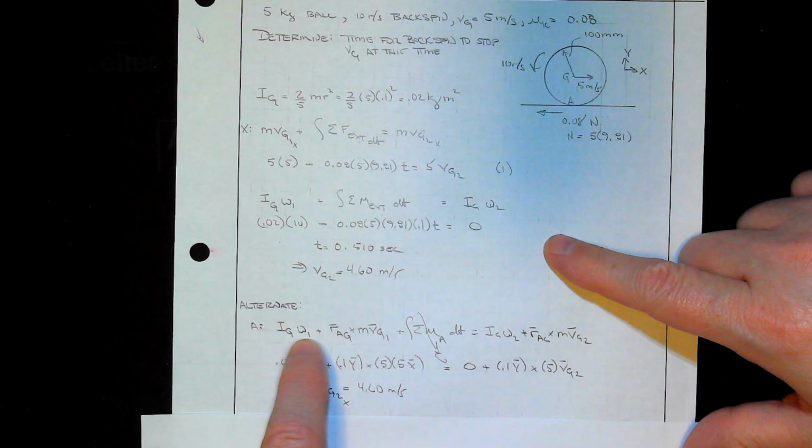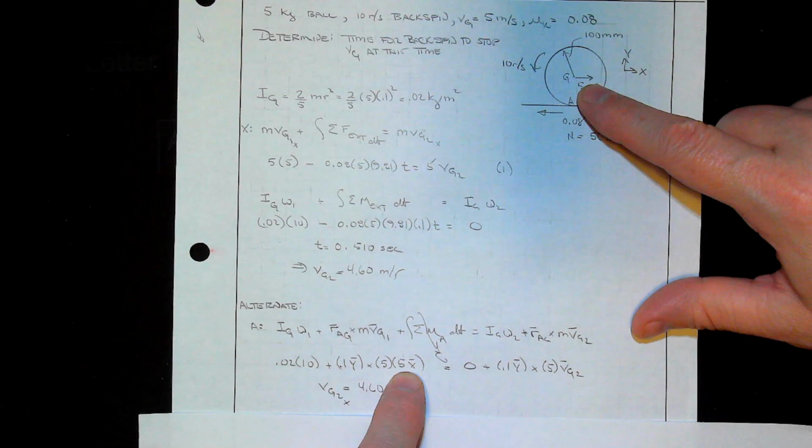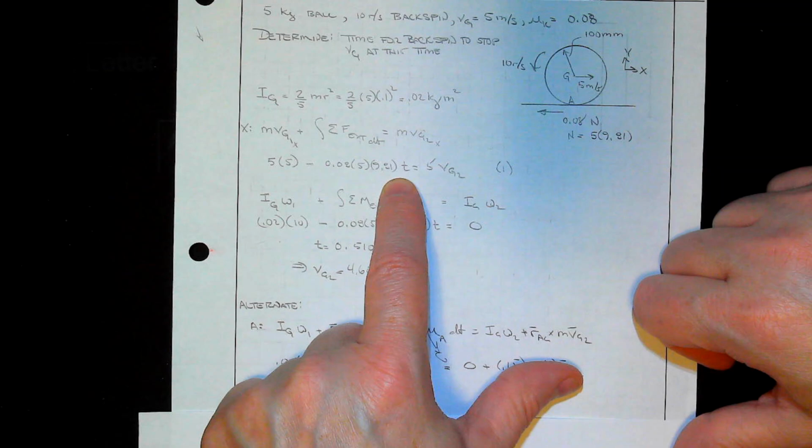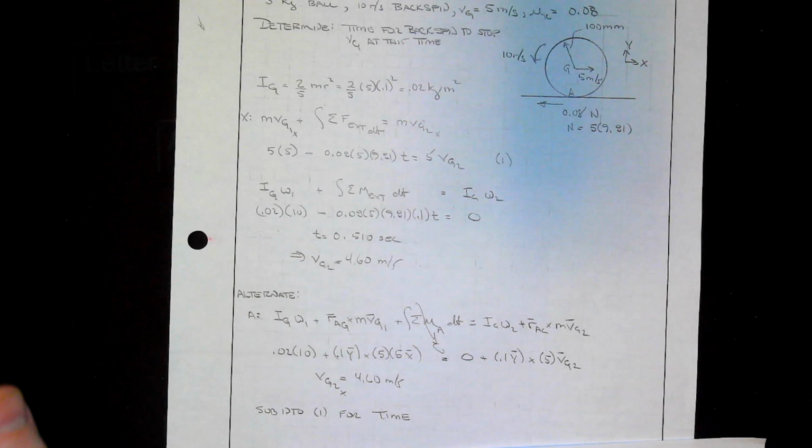So the mass of the ball, 5 kilograms, Vg1 along the x. Oh, it's 5 meters per second. So here's something that's actually spinning. It is rotating, but because the center of mass is translating here, we can apply linear momentum. Okay? This is kind of the exception to something can rotate and you can still apply linear momentum.